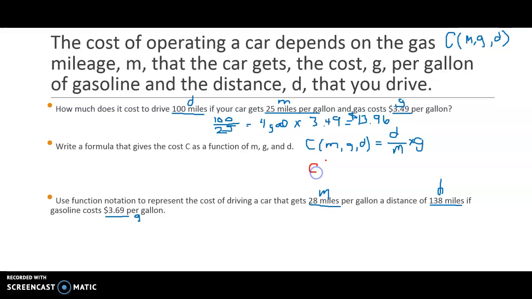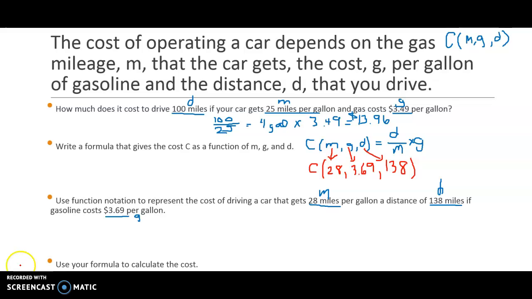So the cost when the mileage is 28, the cost per gallon is $3.69, and the distance is 138 miles. So I have these lined up exactly so that I can see M is the 28, G is the 3.69, and D is the 138. And that helps me to know where to put them in the formula by using the exact same order.